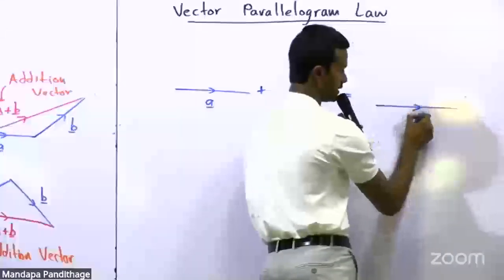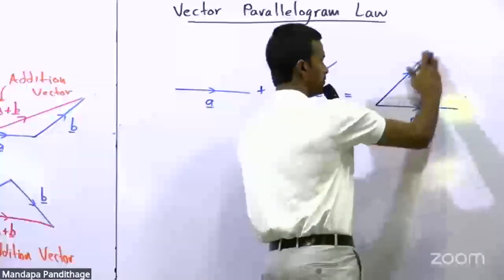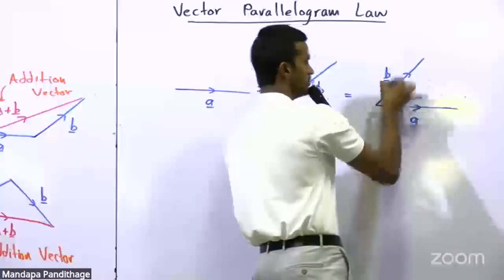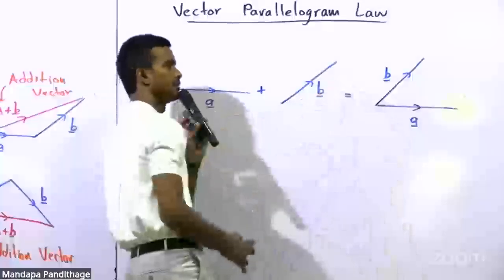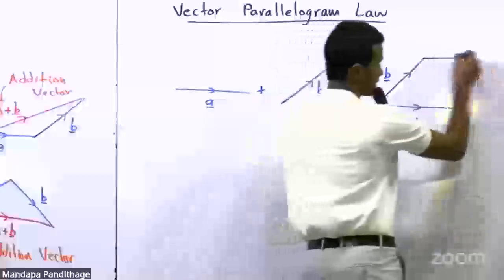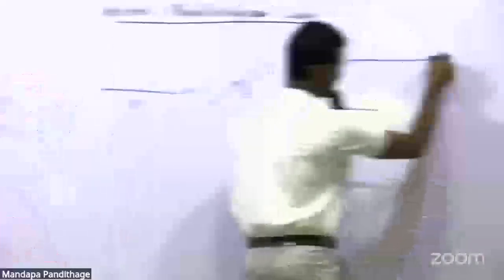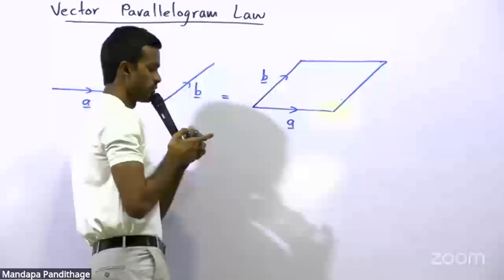So if this is A, the side connected with this one is B. If you denote the two vectors by the adjacent sides of the parallelogram, then here is the parallelogram.